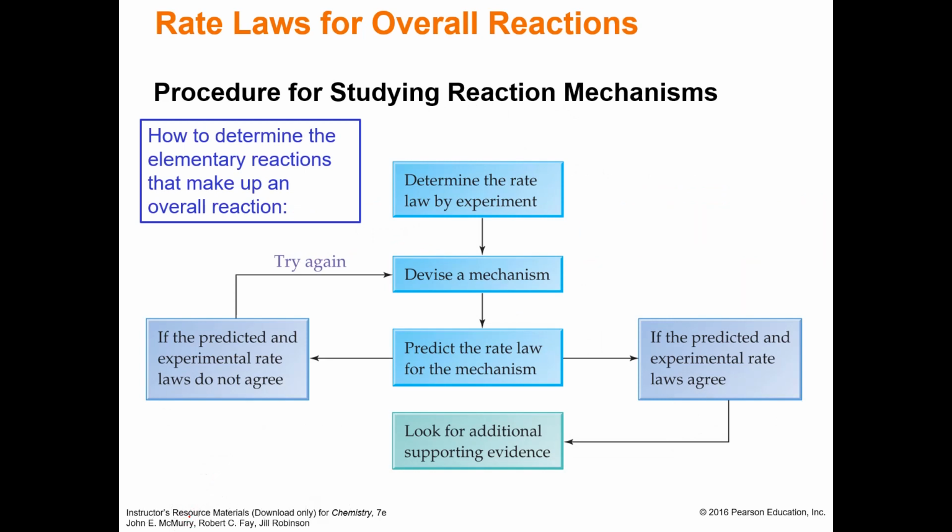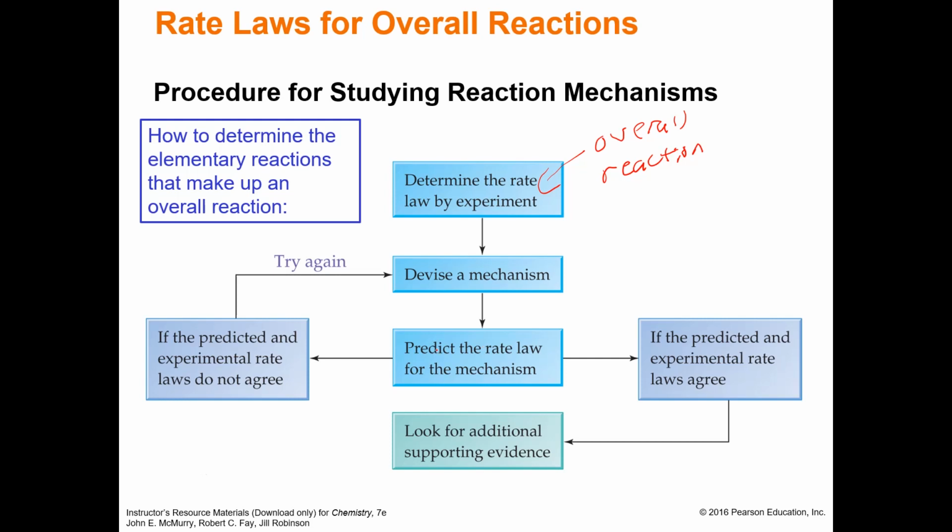So how do we determine these reaction mechanisms? Well, the first thing we do is we determine a rate law by experiment. So this would be the rate law for the overall reaction. And then we devise the mechanism, and we predict a rate law given the mechanism.